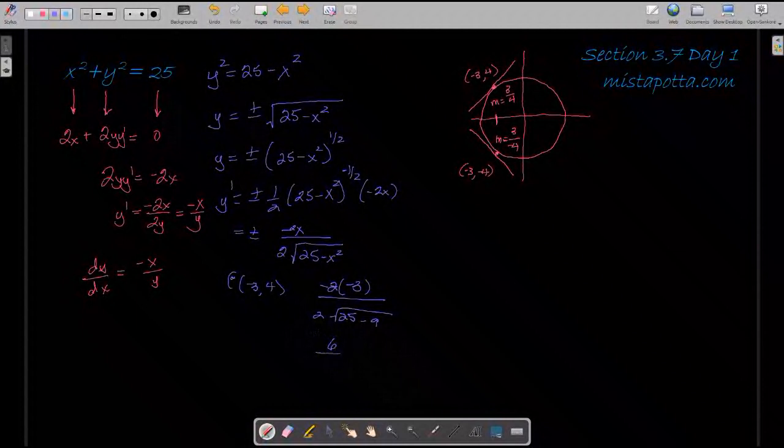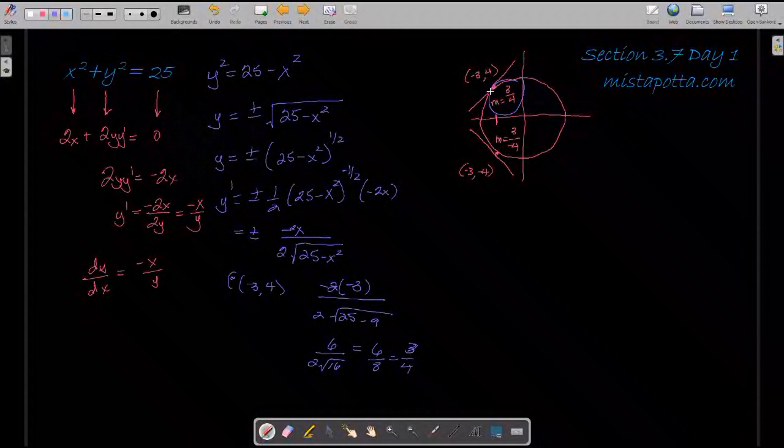So I end up with 6 over 2 times the square root of 16, which is 6/8 or 3/4. And notice that I get the exact same slope as before. The only thing that's different is I had to do a lot more work to get that slope.